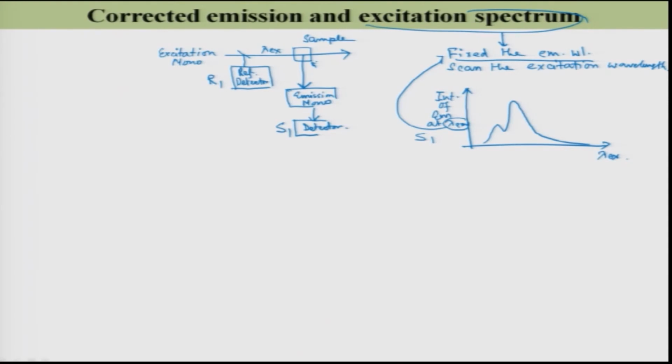And if you remember, I said that the lamp is not ideal. That means the output intensity at different wavelengths coming out of the excitation lamp is not constant, not a horizontal line, but looks something like this.